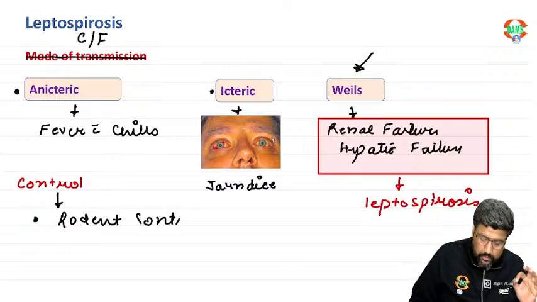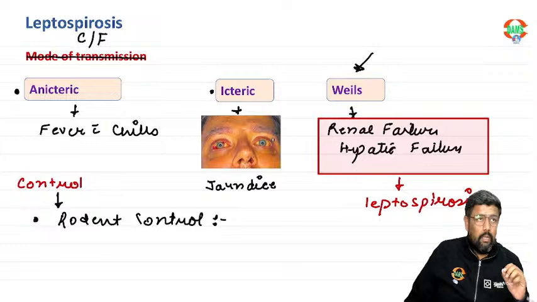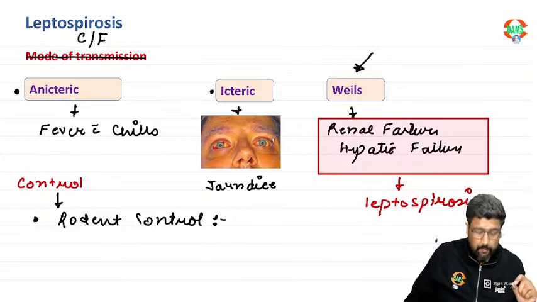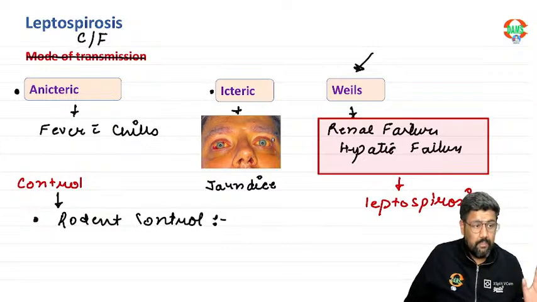Rodent control. So around 3 years back in 2021, in some of the parts of southern India, there was an outbreak of leptospirosis, right? So whenever there is an outbreak of leptospirosis, whenever there are floods, rodent control is very important.